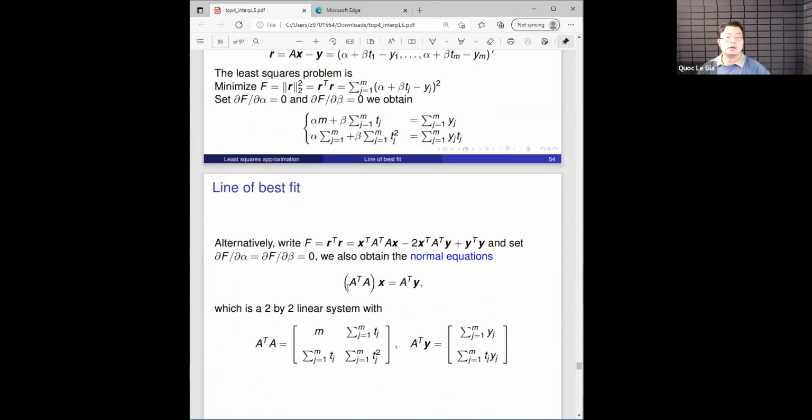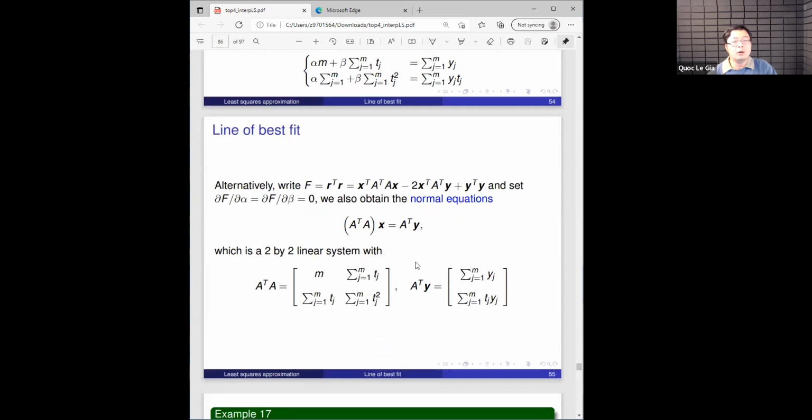And here it's just a 2x2 linear system, so we can solve it by any method. In this case you get the same linear system here. Again, I have to correct the typos here. There's a missing term, and the missing term is the sum of dj.